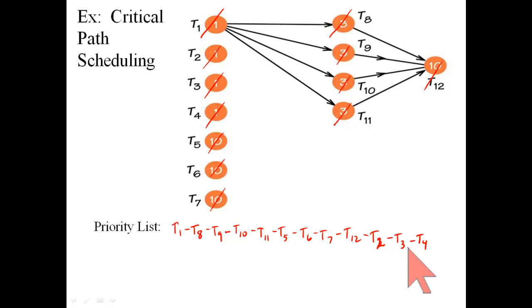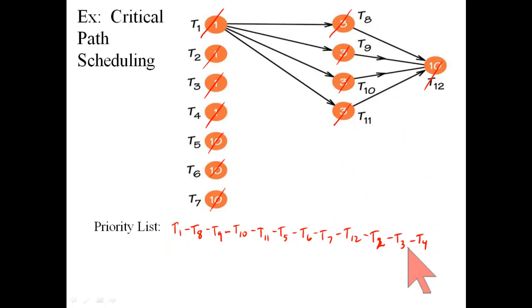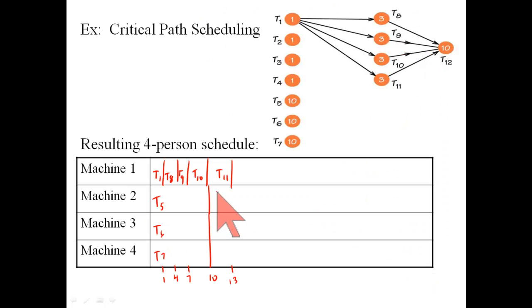They're the highest priority tasks of the ones that are not yet completed. So T2, T3, and T4 all get assigned as 1-minute jobs.